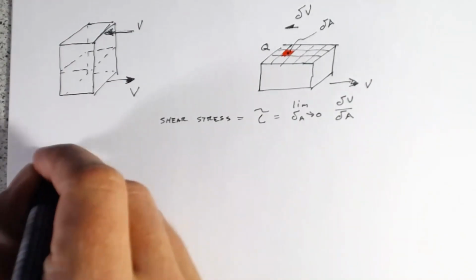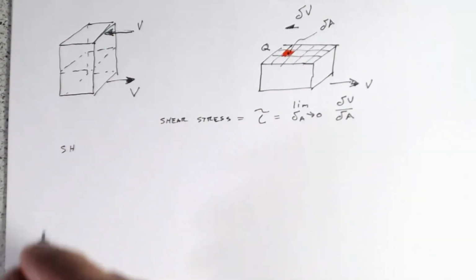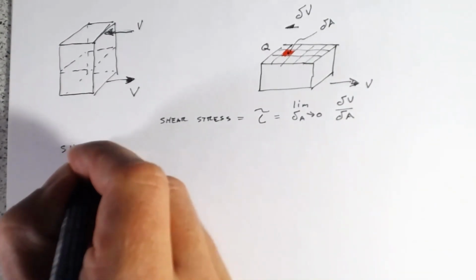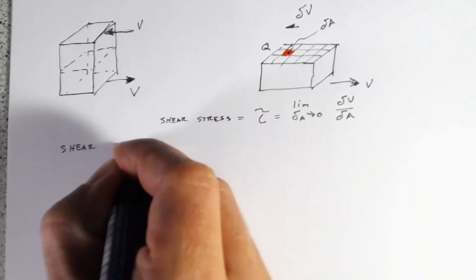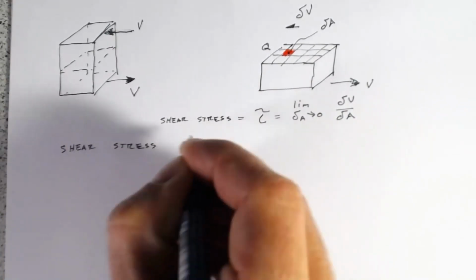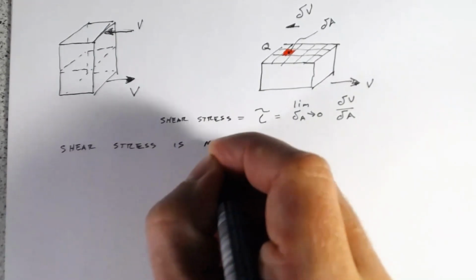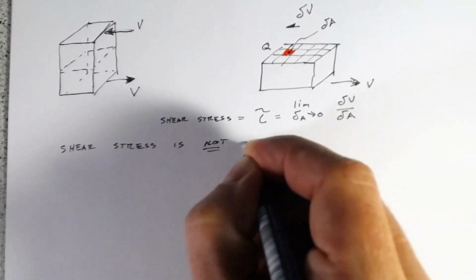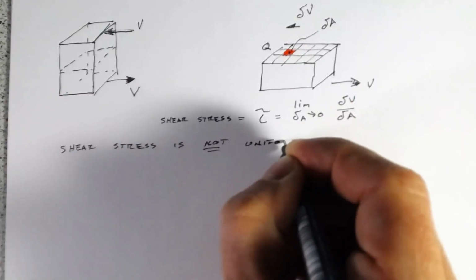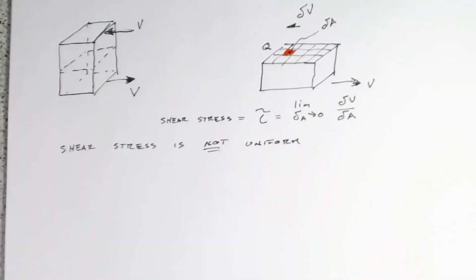So it's worth writing down that shear stress is not uniform. In fact, it tends to vary parabolically.